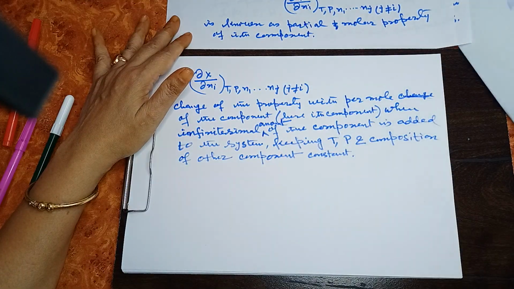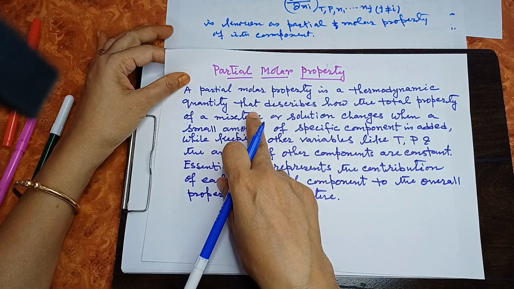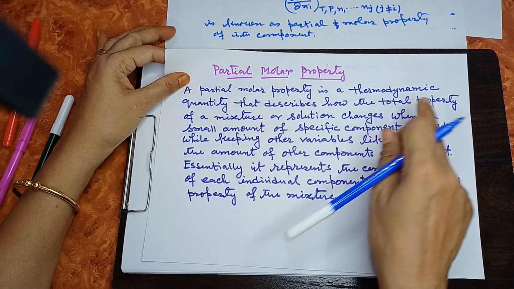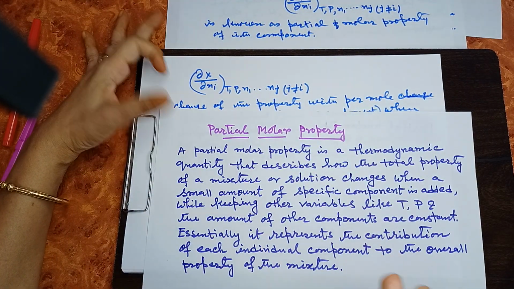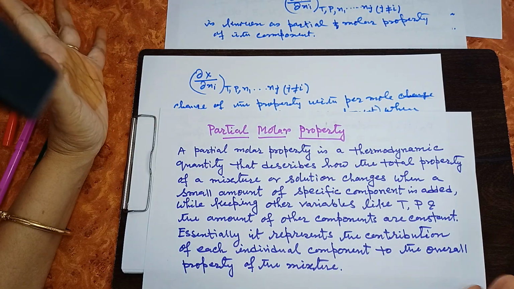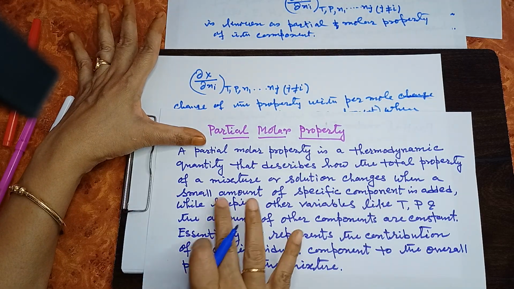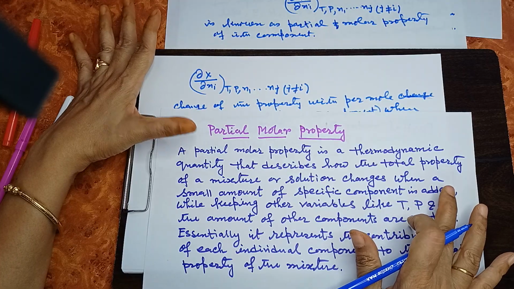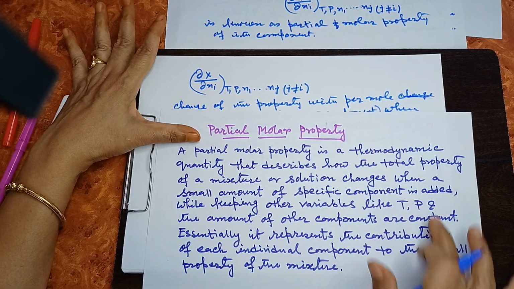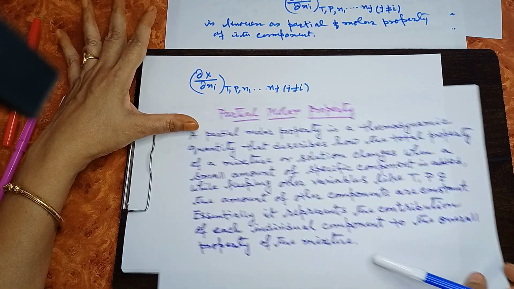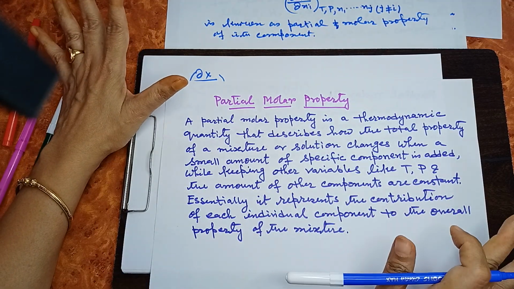So now we can understand this description. Partial molar property is a thermodynamic quantity that describes how the total property of the mixture or solution changes, where mixture means a number of components will be there and solution also has a number of components, when a small amount of a specific component, here the ith component, is added while keeping the other variables like temperature, pressure and the amount of other components constant.